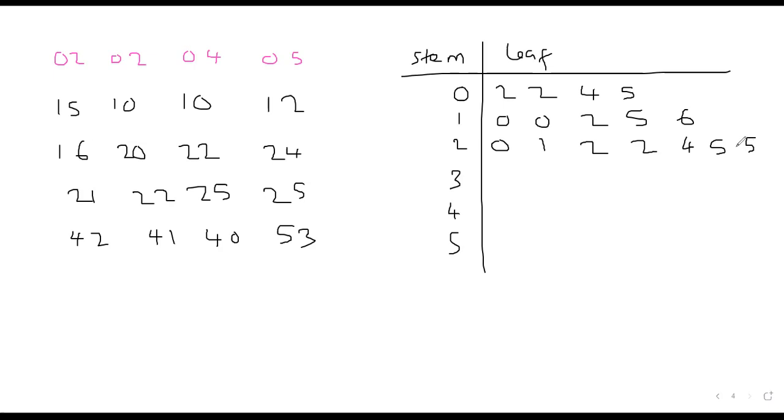The 30s, we don't have any, so we leave it. Don't put a 0 there. The 30s is nothing, but it's supposed to be in order, so you leave it as a number. The 40s: we have 40 itself, then 41, and 42, correct.